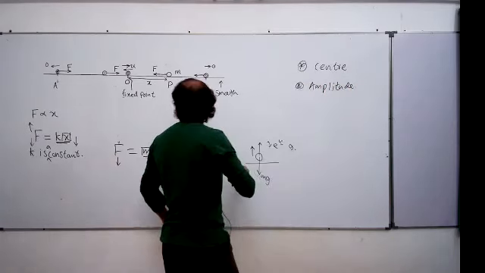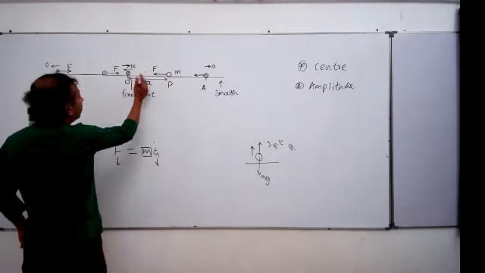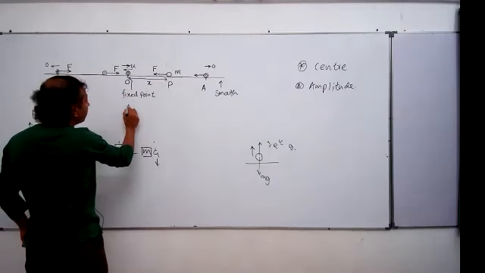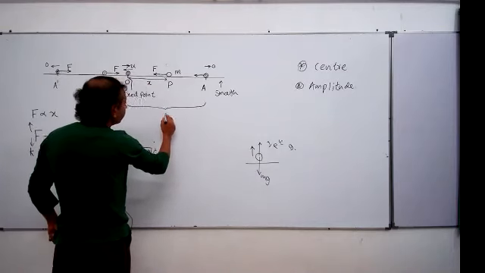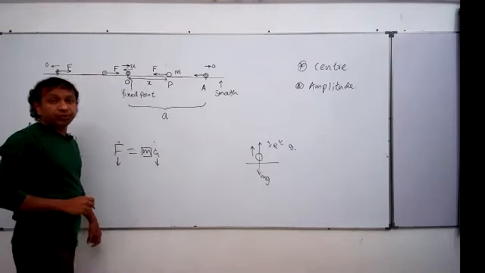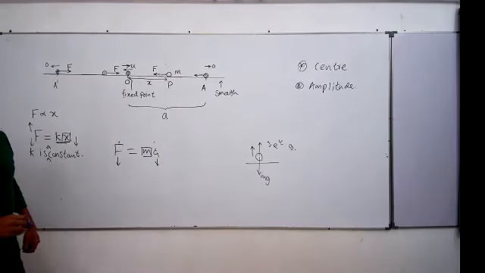That means here, to the right from the point O, the maximum distance the particle can move is this. Suppose that is A, then A is the amplitude.